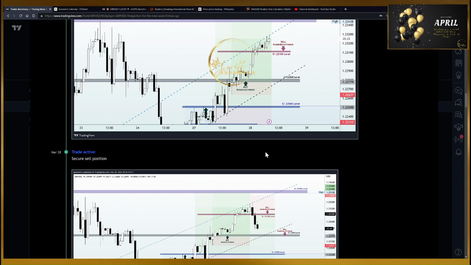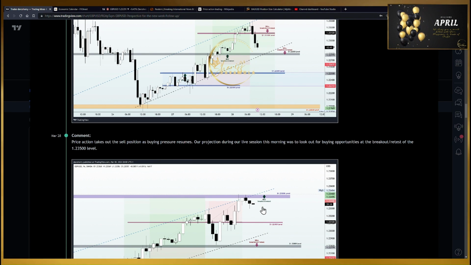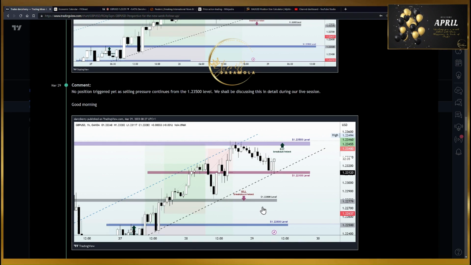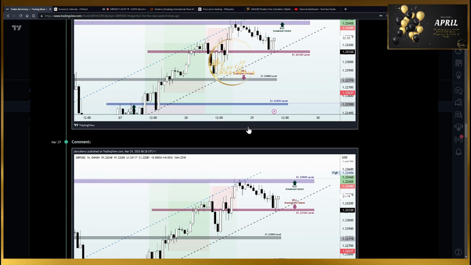We saw on that Tuesday that our sell stop order was triggered just right below the 1.22100 level, but this sell momentum didn't last long as price action took us out of that position at the worst case scenario, break even. Then we continued to monitor price action here. This was on Tuesday; we hope you didn't have the privilege of joining this one as this happened in the middle of the night.